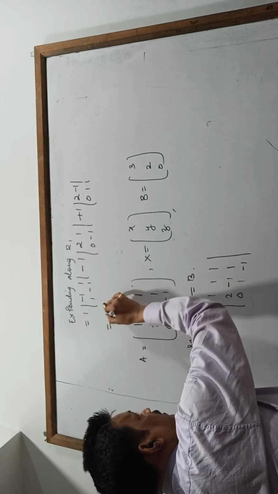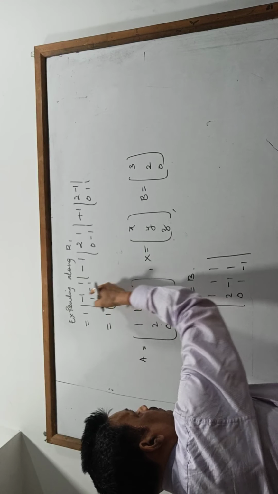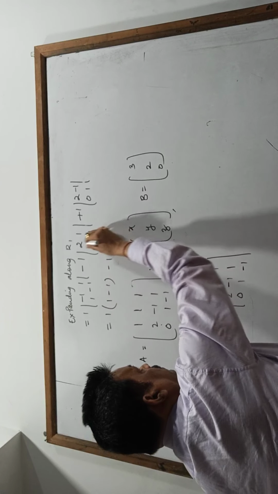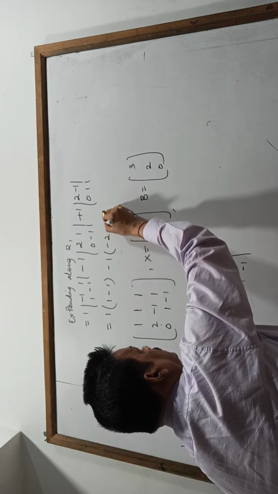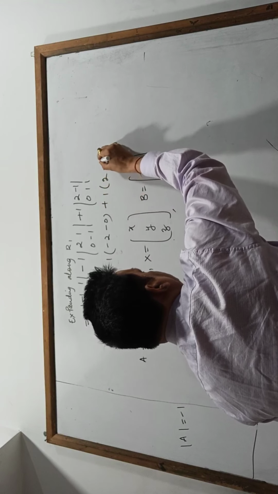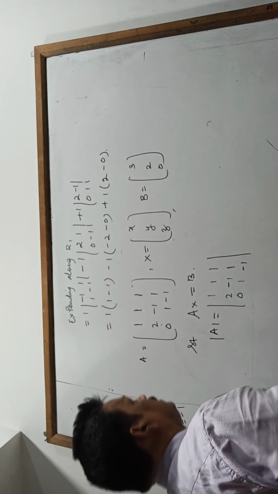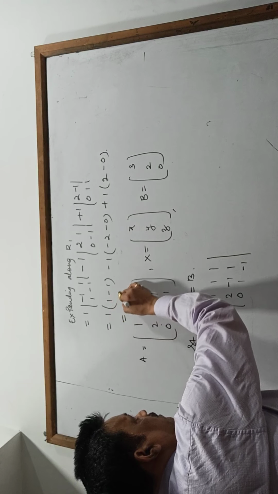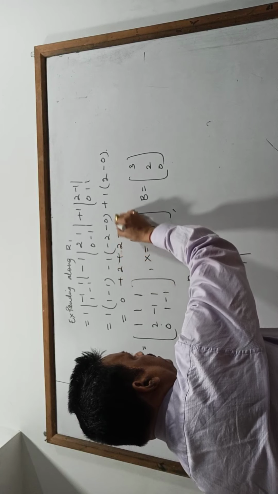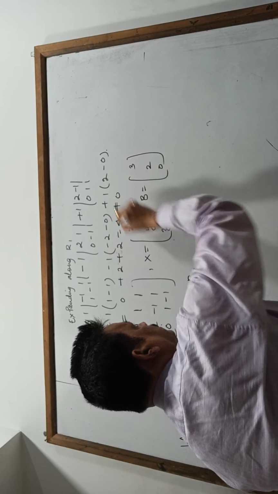It is 1 into (1 minus 1), minus 1 into (minus 2 minus 0), plus 1 into (2 minus 0). That gives you, this is 0, this is plus 2, this is plus 2, which is 4, not equal to 0.